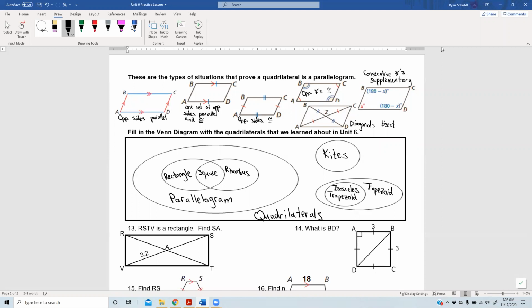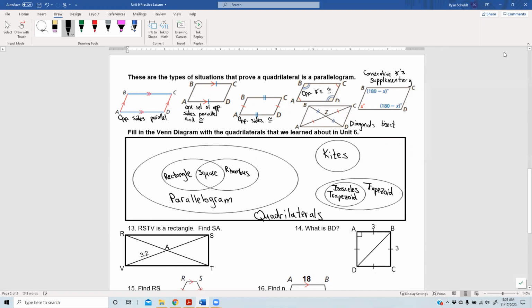It's more than a friend, it's family. So those may help you understand the properties. Squares, rectangles, and rhombi all have the properties of a parallelogram because they are parallelograms. Then they each have their own properties. Kites do their own thing, trapezoids do their own thing.